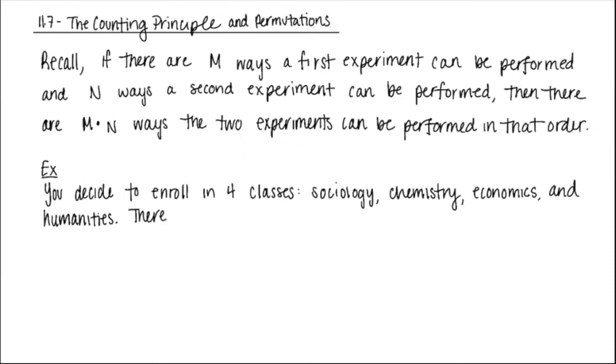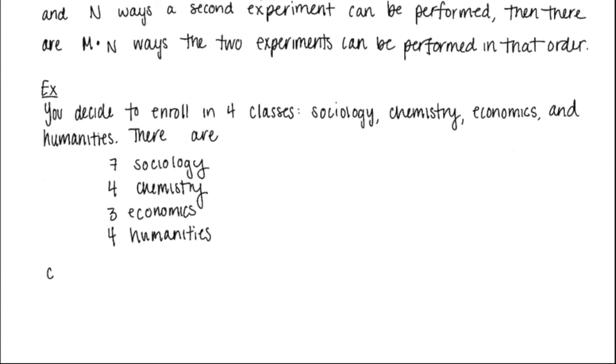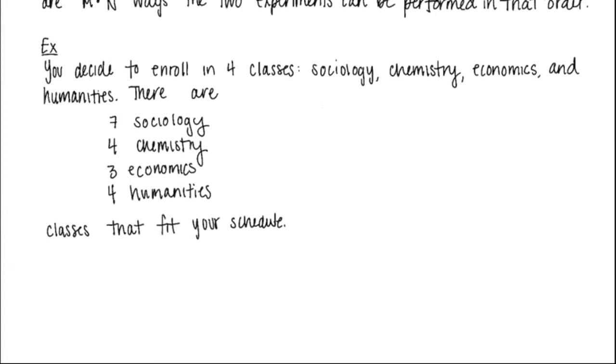So in total, there are 7 sociology, 4 chemistry, 3 economics, and 4 humanities classes that fit your schedule. So you have a lot of possibilities. I am definitely not going to sit here and try to draw a tree with this. I just want to know how many different ways can you select your classes?